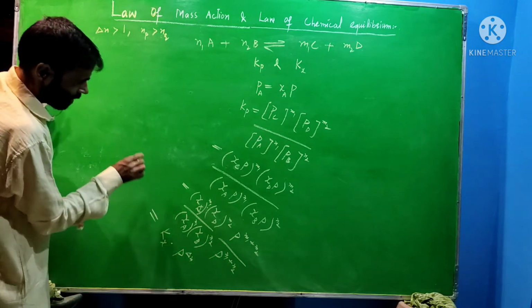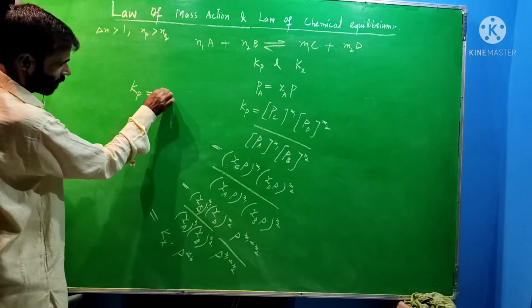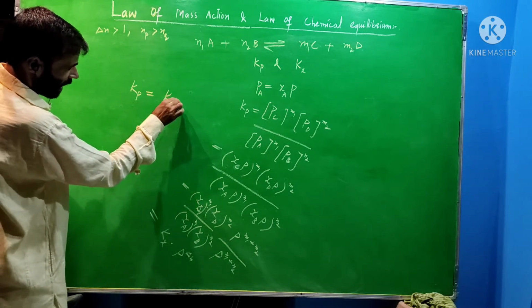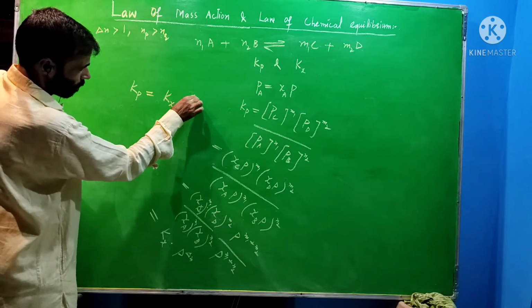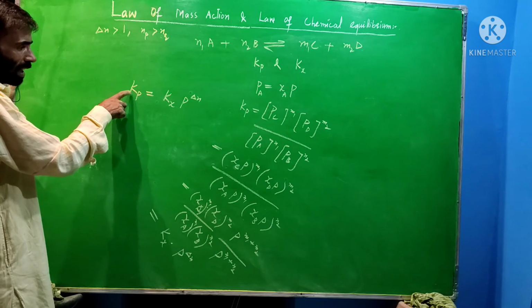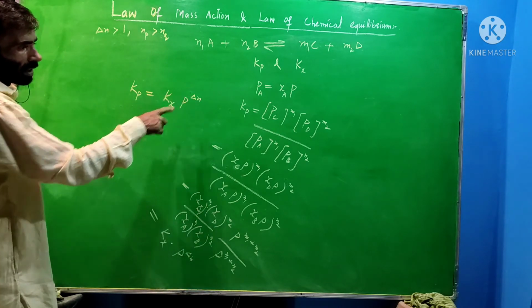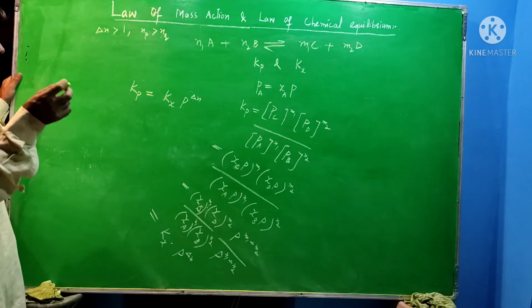This is the relation between Kp and Kx: Kp is equal to Kx times P raised to power delta n. Again, whether Kp is smaller or larger than Kx depends upon the value of delta n in the chemical reaction.